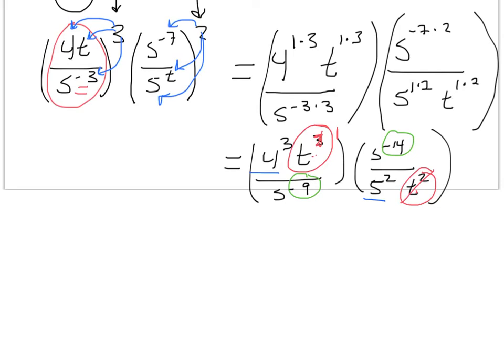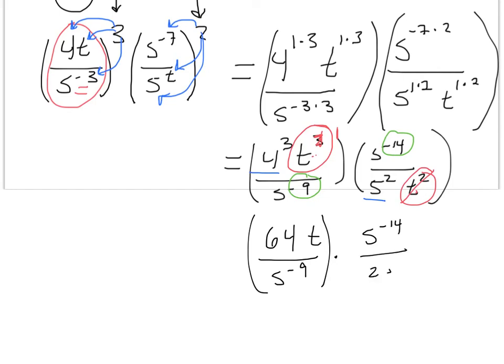So 4 cubed is 64 t, s to the negative 9th times, right, we'll keep the parentheses here, s to the negative 14th all over 25.